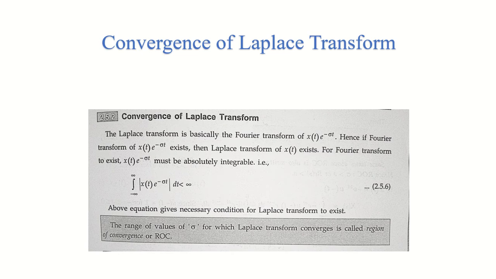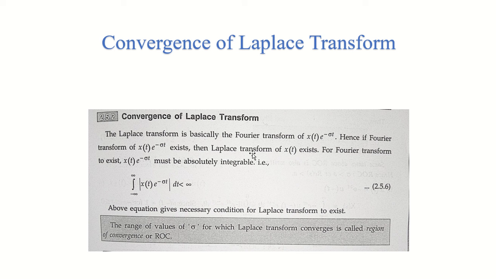Now what will you do if you want your Laplace transform to converge? You want to make sure that your Laplace transform converges. Earlier I told you that the Laplace transform bears so much resemblance to the Fourier transform, and the reason is that the Laplace transform is basically the Fourier transform of x of t e raised to minus sigma t.